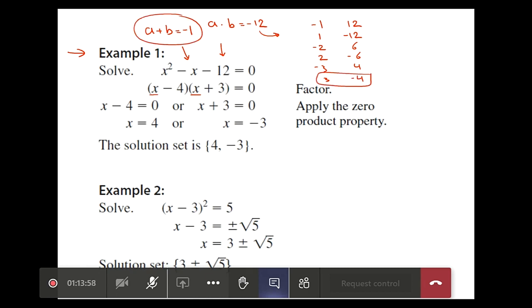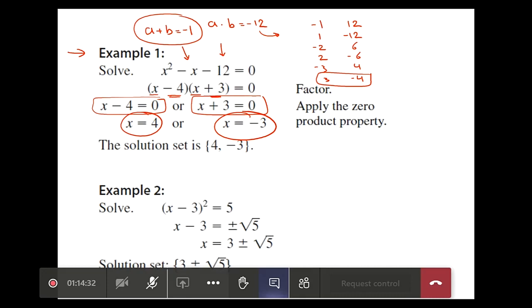So put negative 4 and positive 3. Now we have x minus 4 equals 0, or x plus 3 equals 0. So the solution: x equals 4 and x equals minus 3.